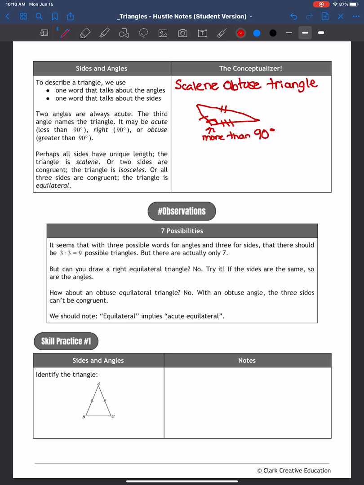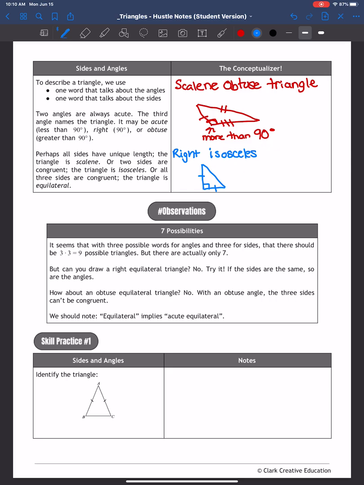And then you can also have a right isosceles, because this is a 90-degree angle, but those 2 lines are the same.